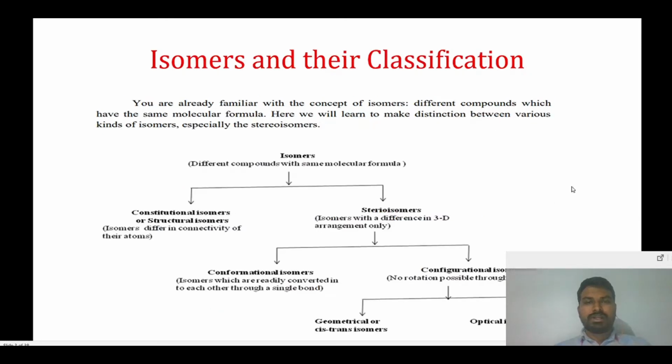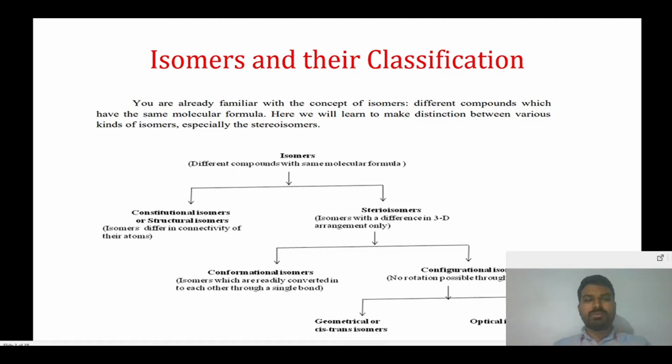Next are isomers. We are familiar with isomers from the previous chapter. Different compounds which have the same molecular formula are known as isomers. Here we will learn the types of isomers: constitutional isomers or structural isomers, and stereoisomers.